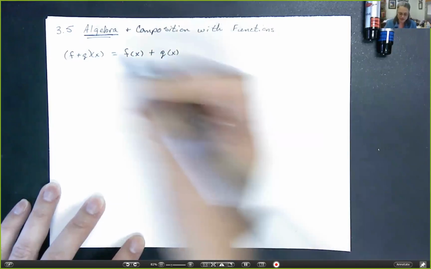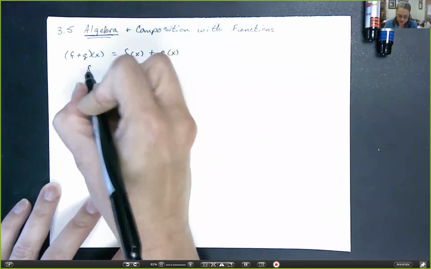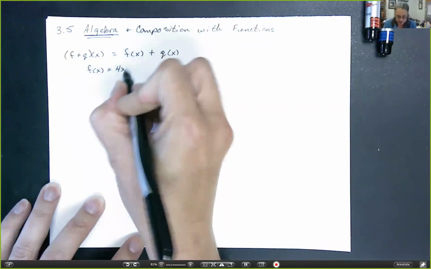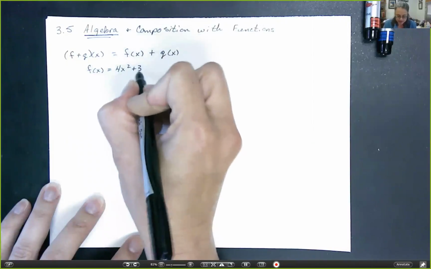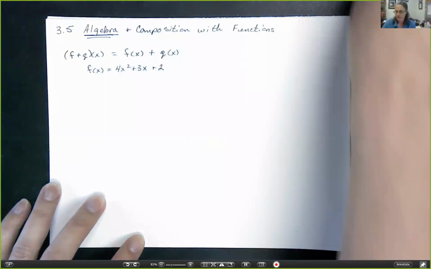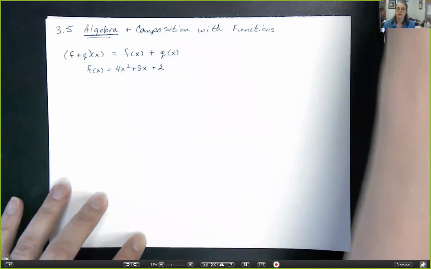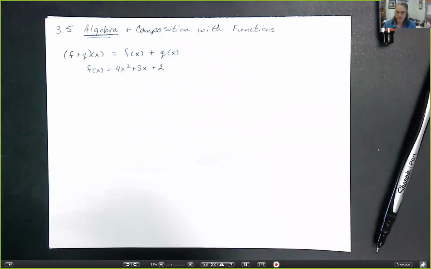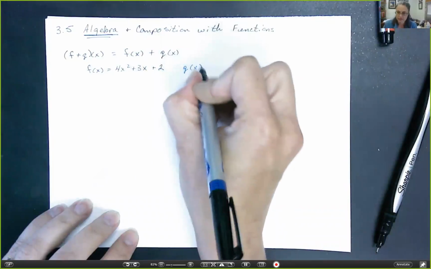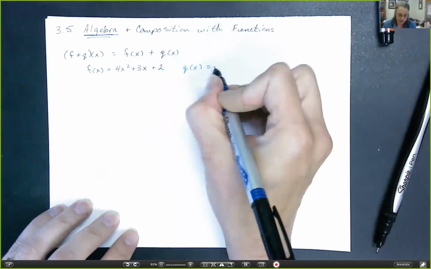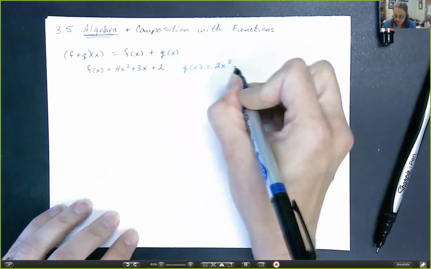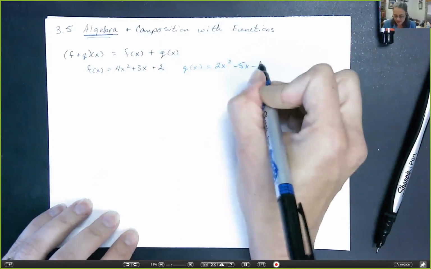And so, for example, let's suppose that we let f of x be 4x squared plus 3x plus 2. I'm going to switch colors here, because I'm now going to let g of x be 2x squared minus 5x minus 6.